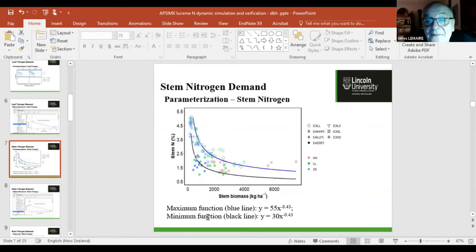Is the problem because the plant is limited in nitrogen, or because these stems do not have the same structure, more lignin or whatever, I don't know?